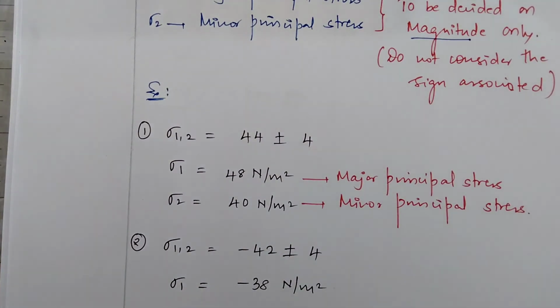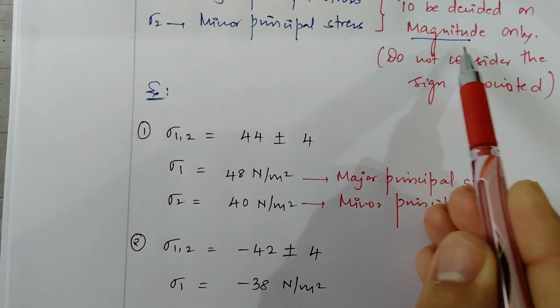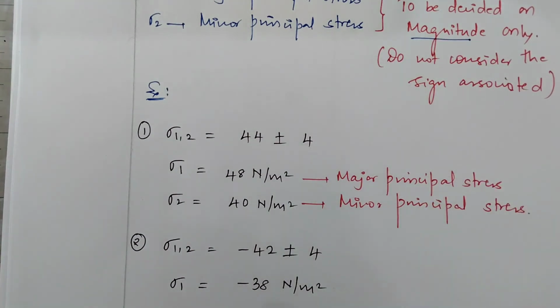Now, when you have values of such type, be careful. If you go mathematically, you feel that because of the negative signs, 38 is greater than 46. Okay, so don't apply that logic here. Here, signs are just telling that sigma 1 and sigma 2 are compressive in nature. So remember this, I am going to decide on the magnitude.